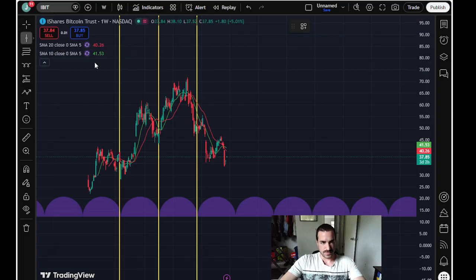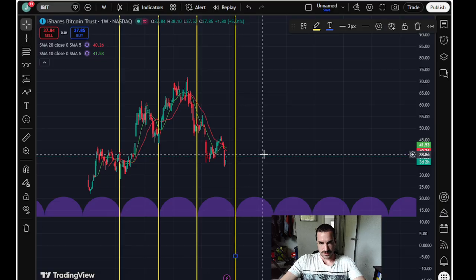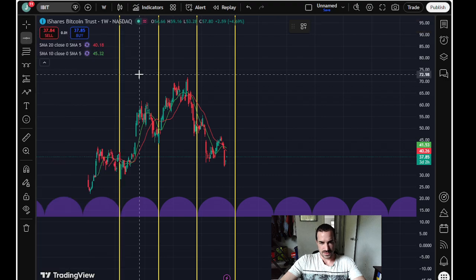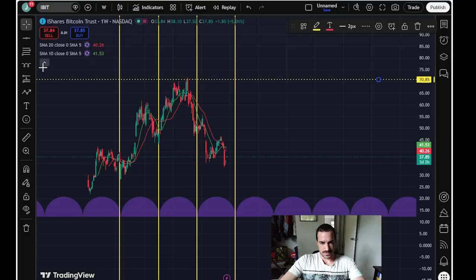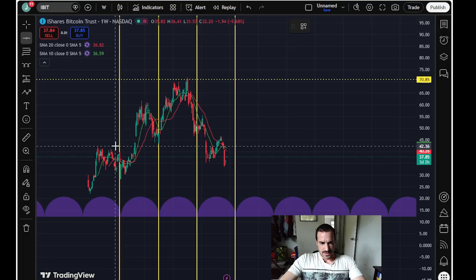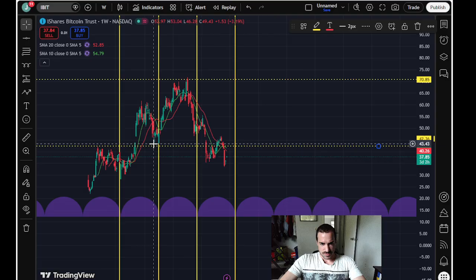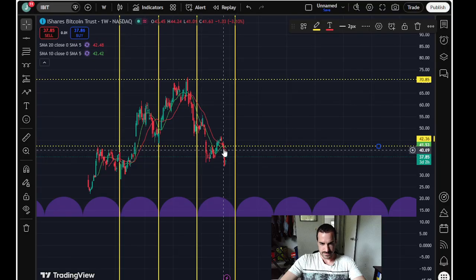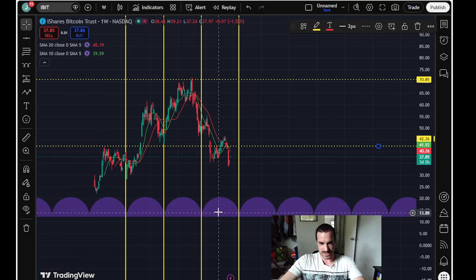And our inflection points up here. An inflection point right here, where the balance broke support, did a false breakout. Inflection point. So the next trough it's showing is August of 26 in the weekly.